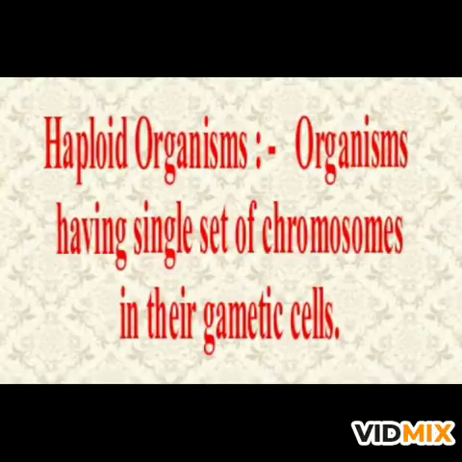One set of 23 chromosomes comes from the male parent, that means the father, and one set of 23 chromosomes comes from the female parent, that means the mother. So they are known as diploid organisms. In short, human beings are diploid organisms but haploid in gametic cells.